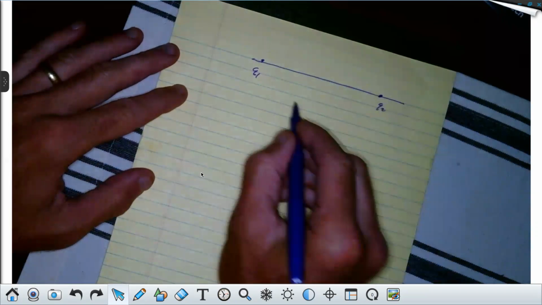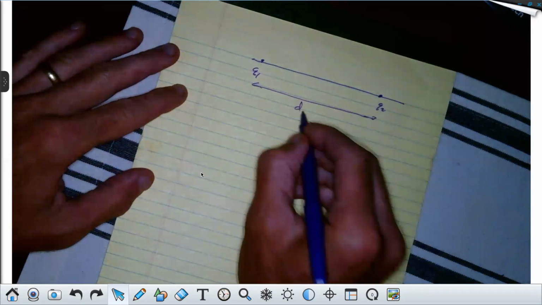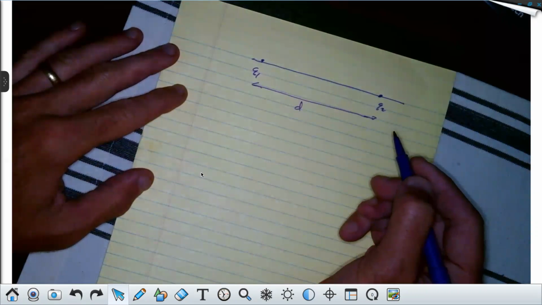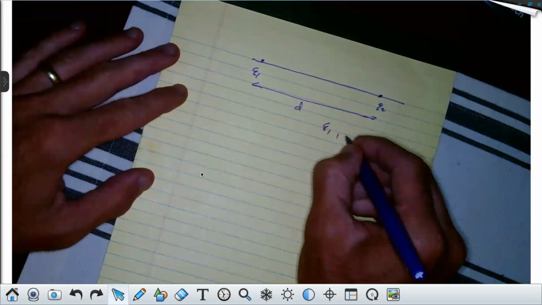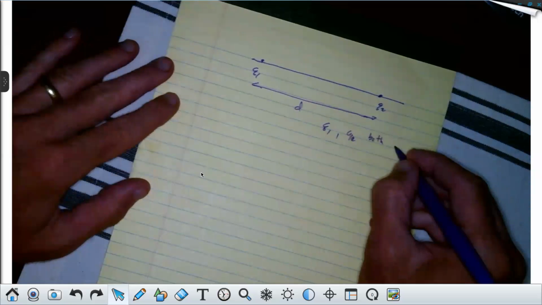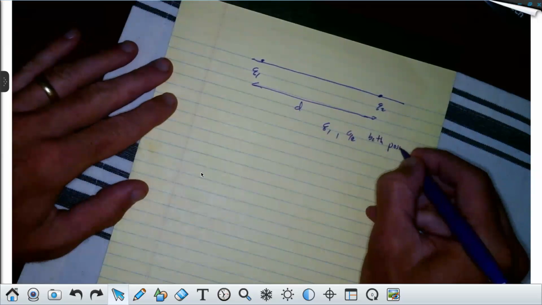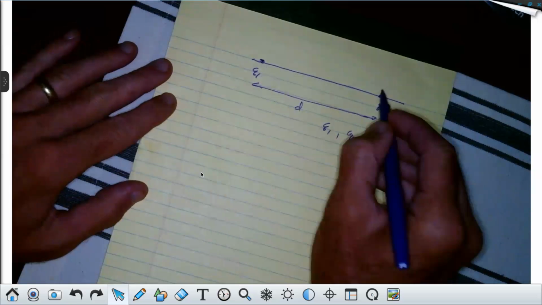I'm going to say it's separated by a distance d. I'm going to say that Q1 and Q2 are both positive.